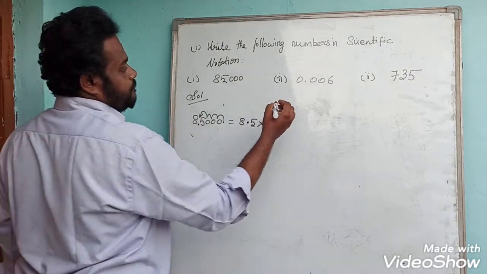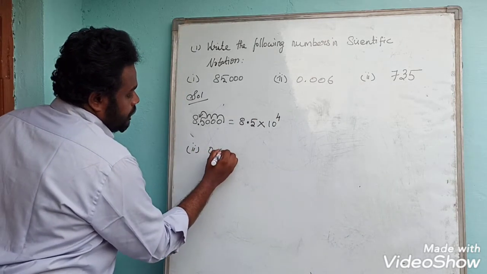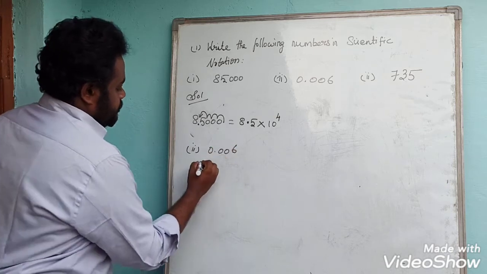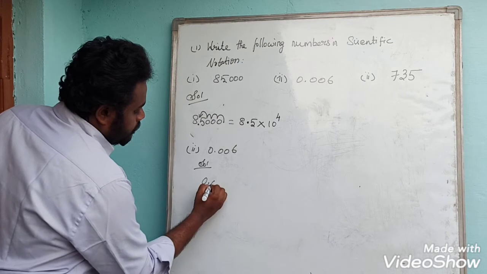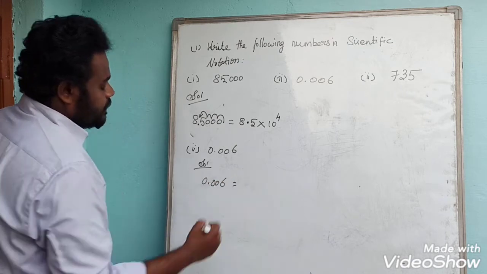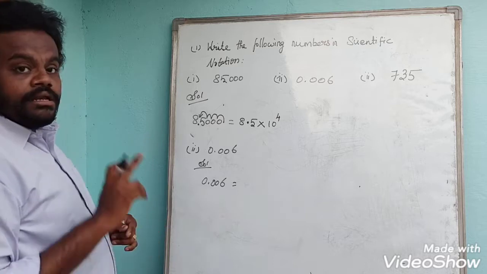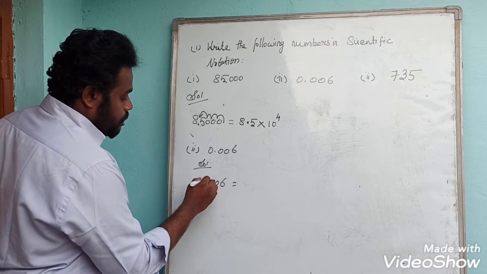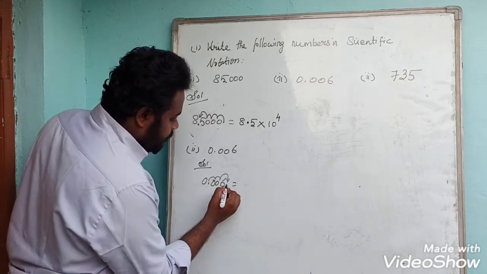Second question. 0.006. Solution. Here 0.006 is equal to, as I already told, only one number can be left of the decimal. So 1, 2, 3. The decimal point can be placed here.